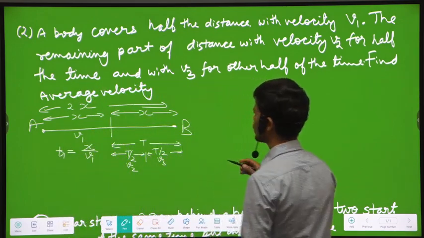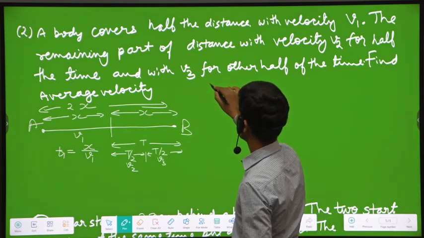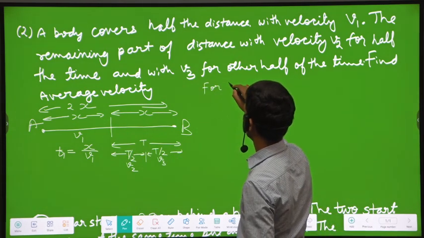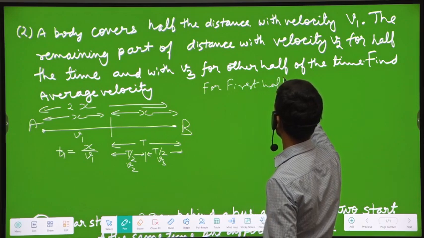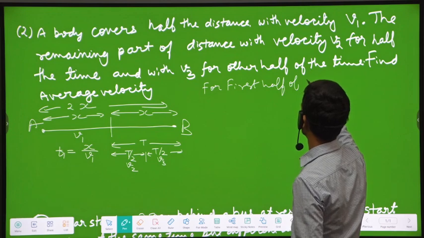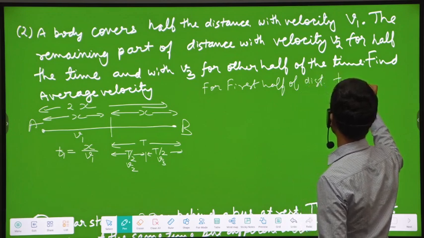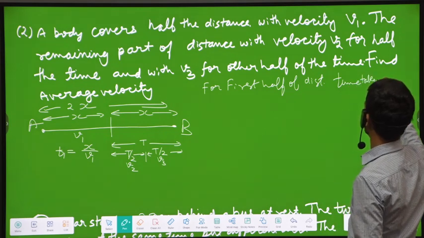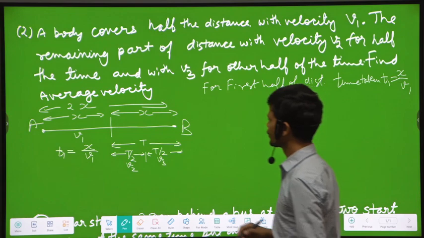So how are we going to solve this? This part is sure. For the first half of the distance, the time taken t1 is equal to x by v1.